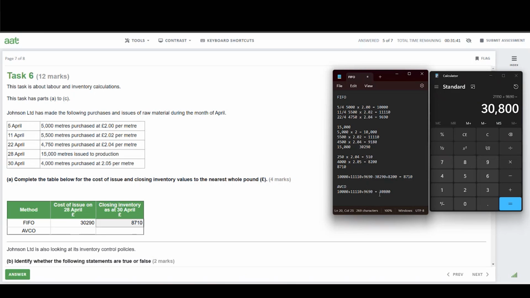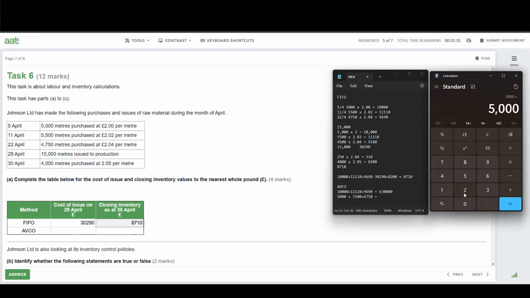There was £30,800 worth of inventory in stock, and let's just work out the number of units. There was 5,000 plus 5,500 plus 4,750. So that was the number of units in inventory when the issues were made.